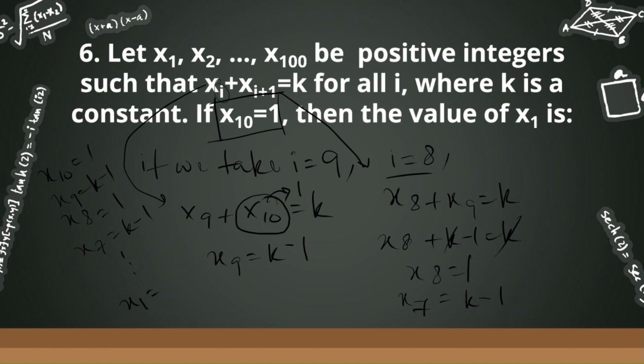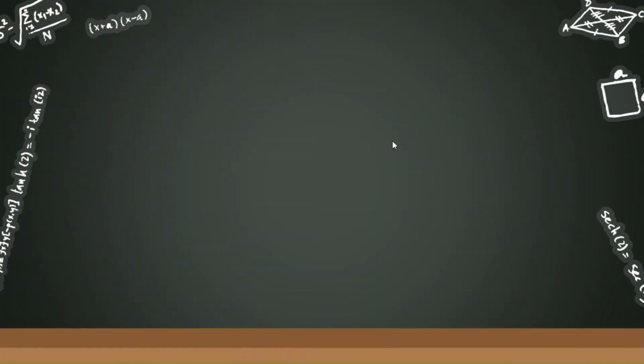Simple enough, it should be k minus 1, because for all odd indices it comes as k minus 1. Or if you just go down by the simple manual method, we will come down to x1 as k minus 1, and that should be our answer for question number 6. Let's move on to question number 7.